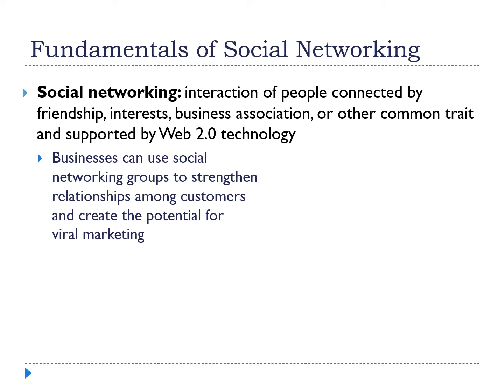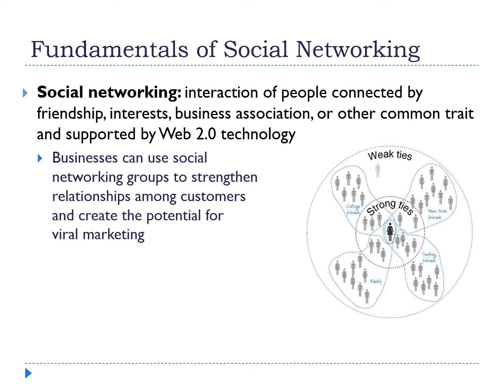There are 2 different kinds of ties, strong ties and weak ties. A strong tie is someone who you know very well, like your family, your friends. A weak tie is a more tenuous relationship. Weak ties provide people with access to information and resources beyond those available in their own social circle.